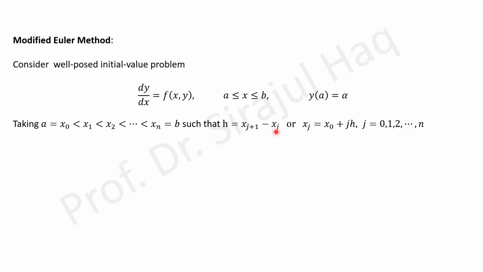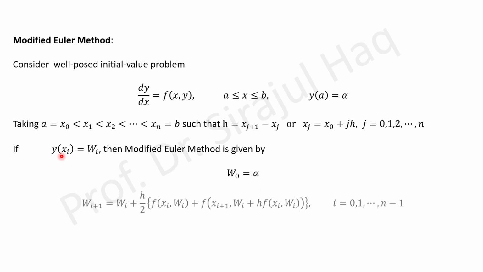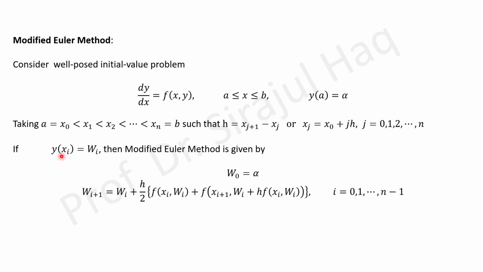Step size: I told you the data is equally spaced in the previous case, so again it is equally spaced data, so these two relations coincide with each other. Wi is the solution of the differential equation at x is equal to xi, as usual. Then the modified Euler method is given by this formula.